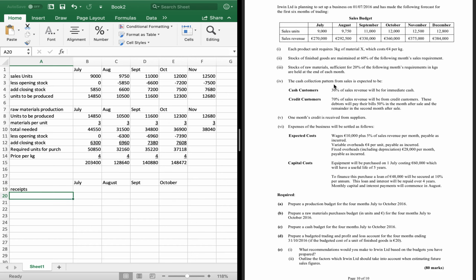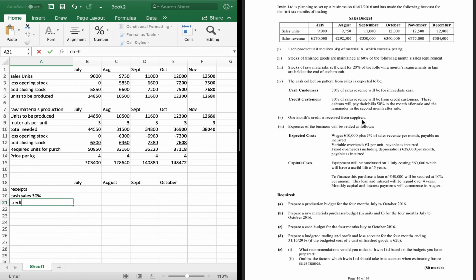So the cash collection pattern from sales is 30% will be for immediate cash, 70% will be from creditors. These debtors will pay their bills 50% of the month after sale and the remainder the second month after sale. So there's no discounts to worry about. So we've got cash sales, and it's 30%.